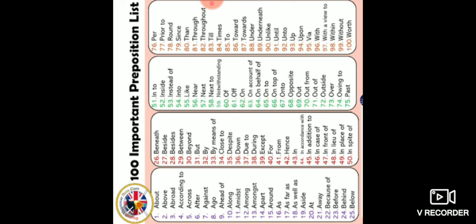Now come to the 90th, that is unlike, and 91st is until.